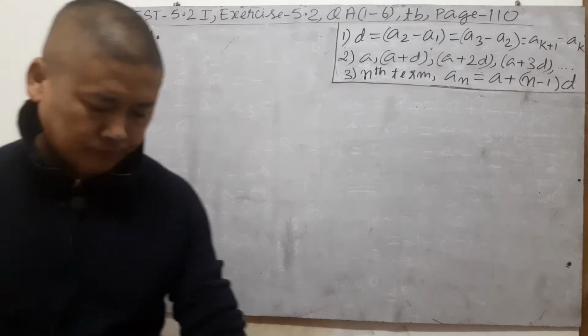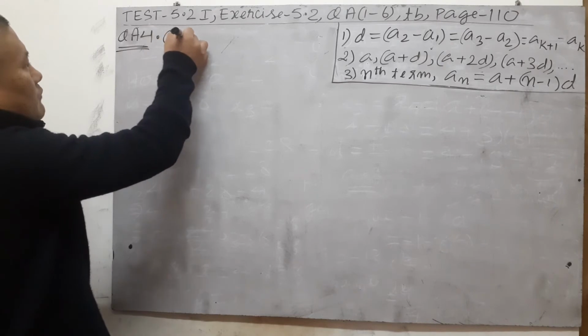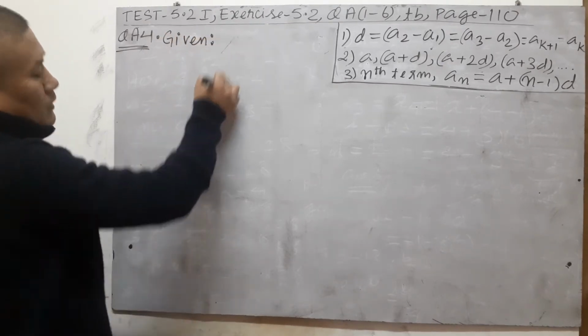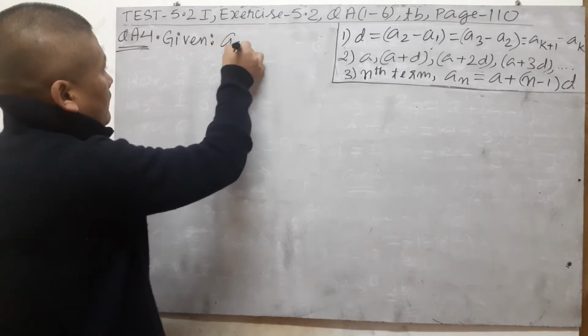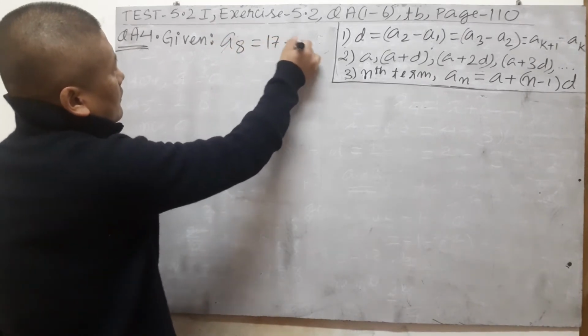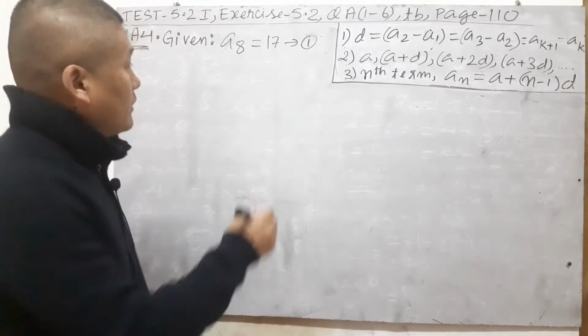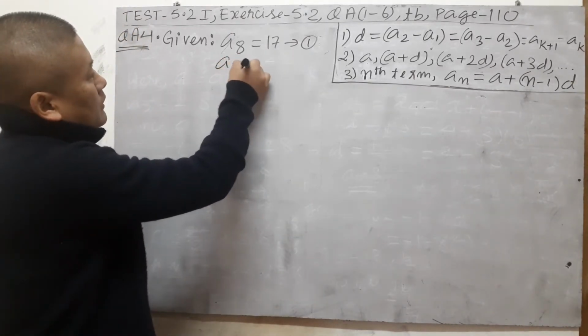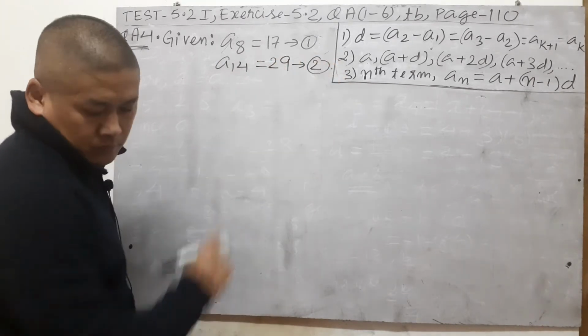Let's see there that the 8th term of an AP is 17. So let's just start writing what is given. Given here, 8th term means A8 is 17. This is equation 1. And the 14th term is 29. So A14 is 29. Let's put this as equation 2.